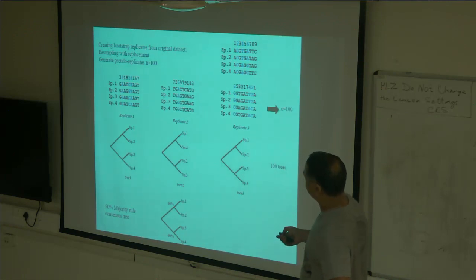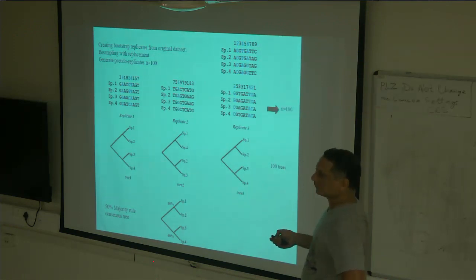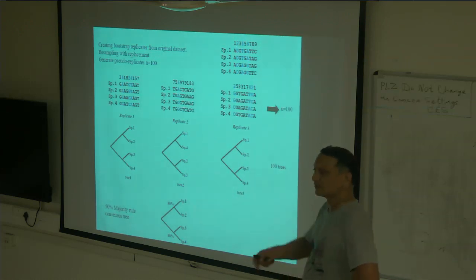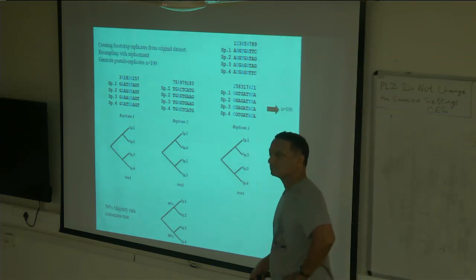So I didn't understand that resampling. How does that resampling work? You just take, say, a basket and take 9 marbles, you number them 1 to 9.